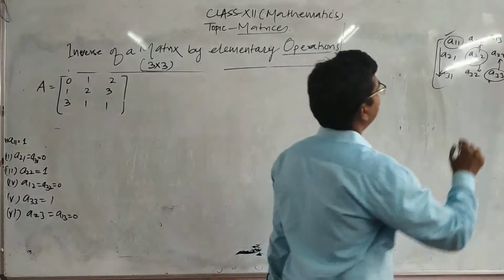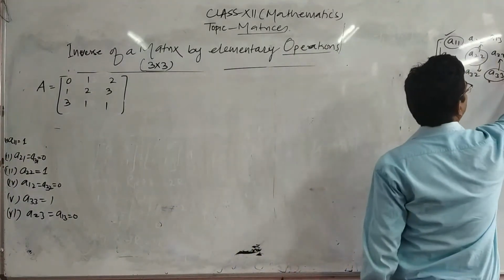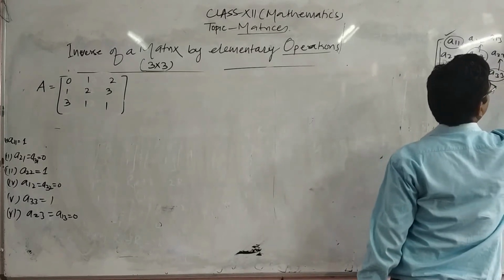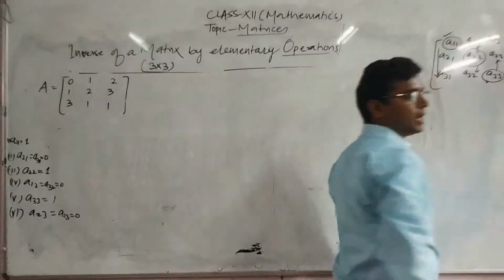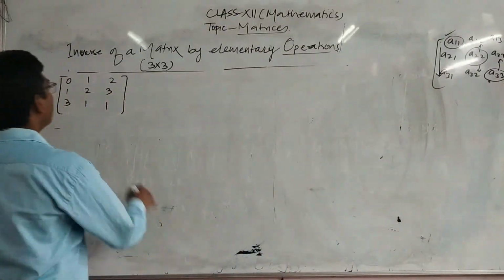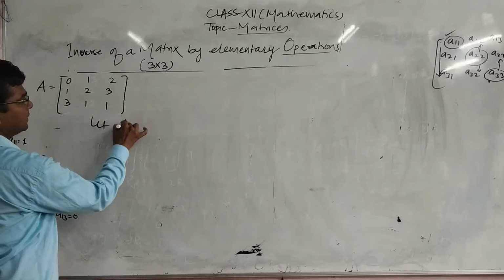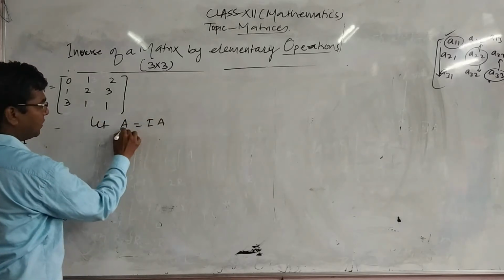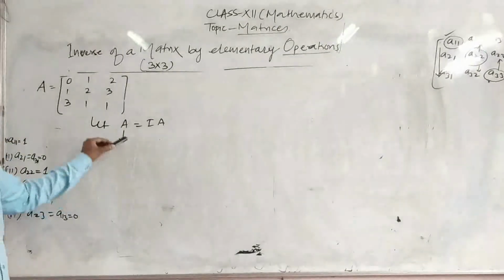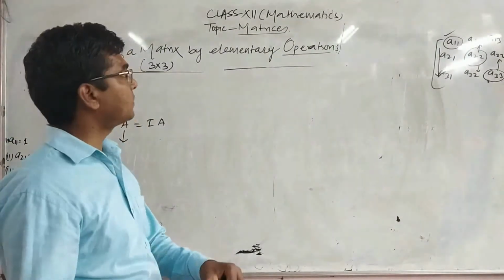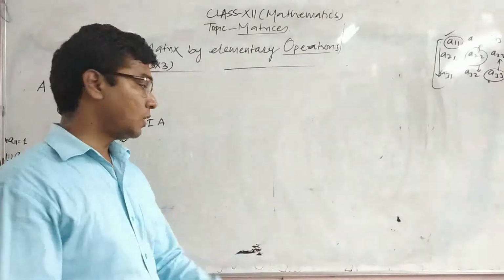So this will become an identity matrix of order 3 by 3, and this is what we want on the left side of this expression. Here we want an identity matrix, by applying either elementary row transformation, meaning operation, or column.